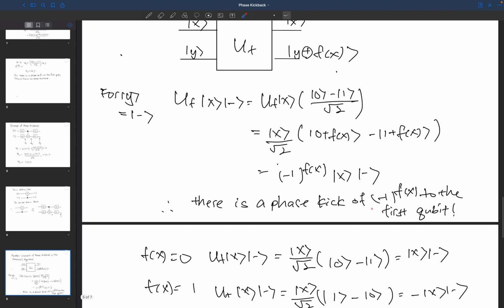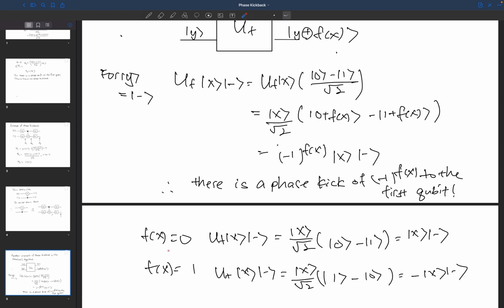The reason is given here. When f(x) is 0, we'll have 0 plus 0 is 0, 1 plus 0 is 1, so we get x minus, and when f(x) is 1, we get 0 plus 1 is 1, and 1 plus 1 is 0, and that turns out to be minus. It just turned out to be the reverse of the previous case. That's why we can write in this compact form.